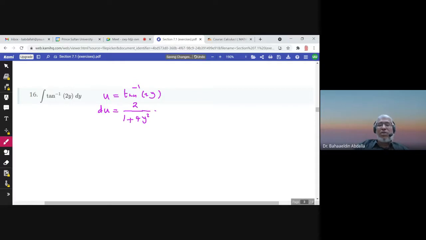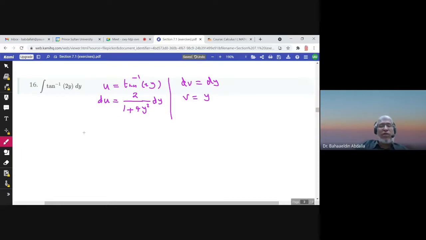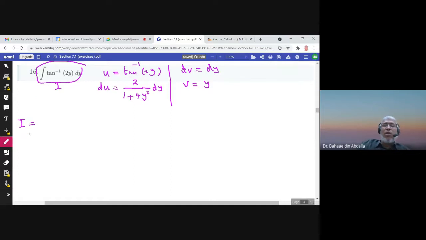So this is the u. And dv would be dy, and the integral would be v equals y. So this integral is I, and I is equal to uv.